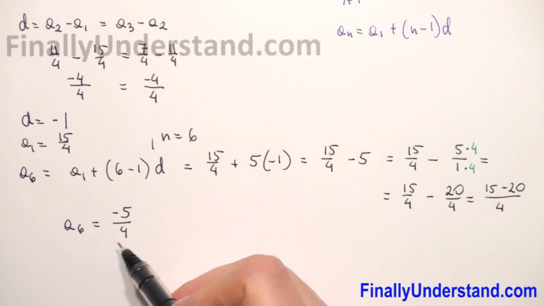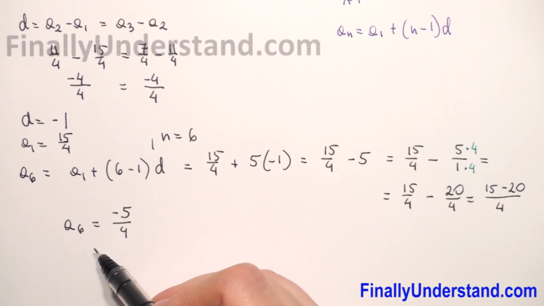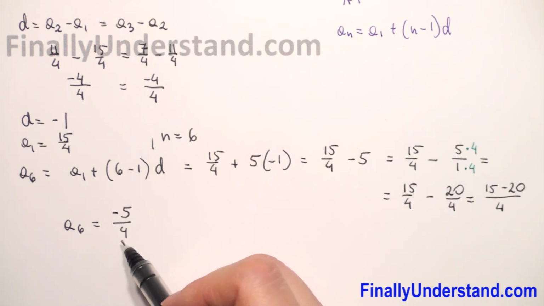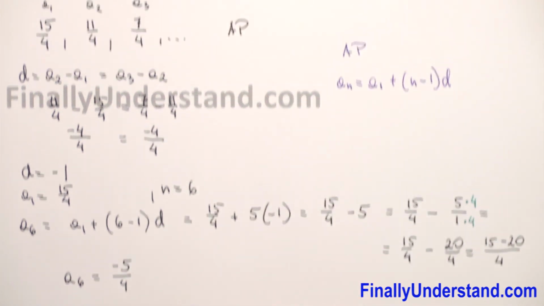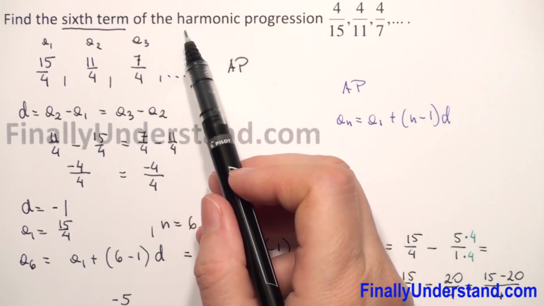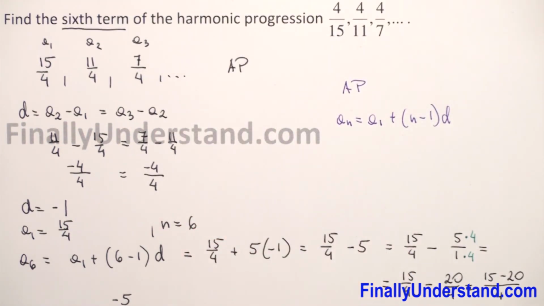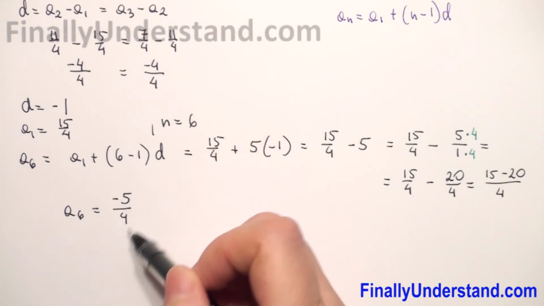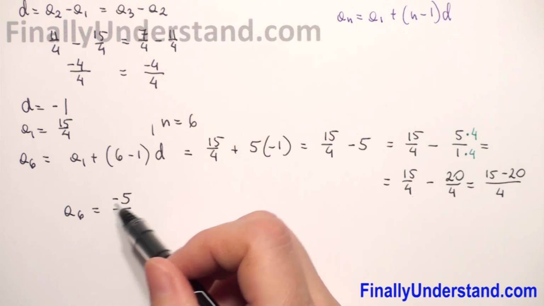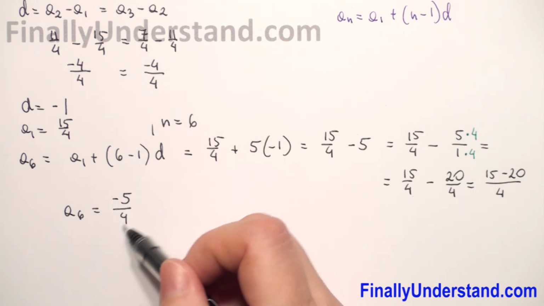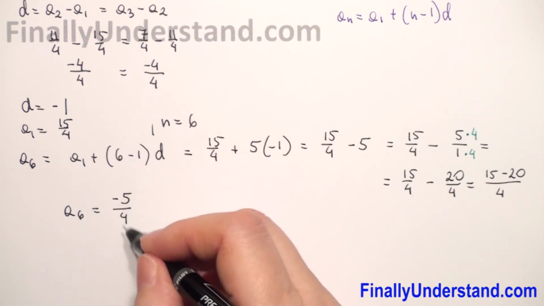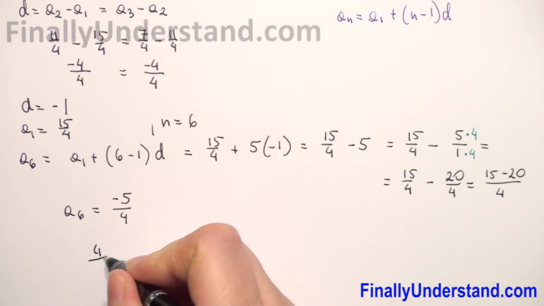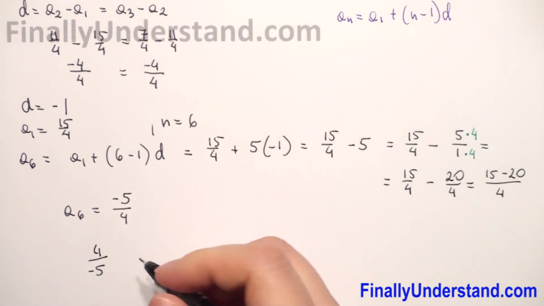So we found the sixth term of the arithmetic progression, and because we need the sixth term of the harmonic progression, all we have to do is take the reciprocal of the sixth term of the arithmetic progression. So it will be 4 over negative 5.